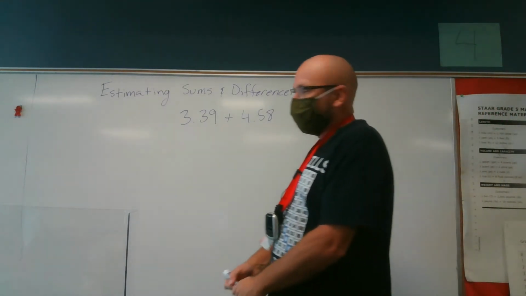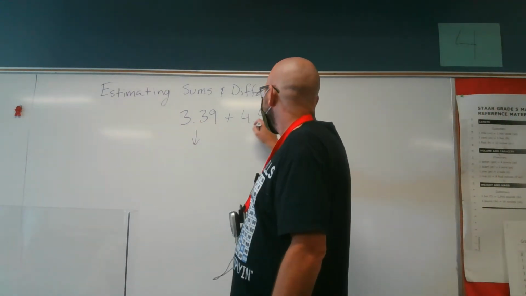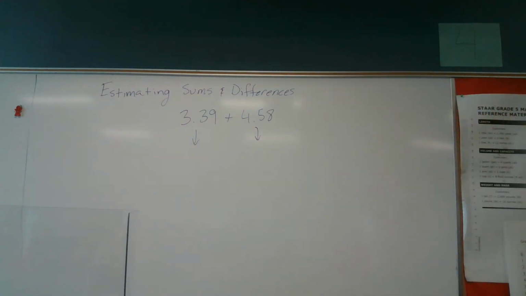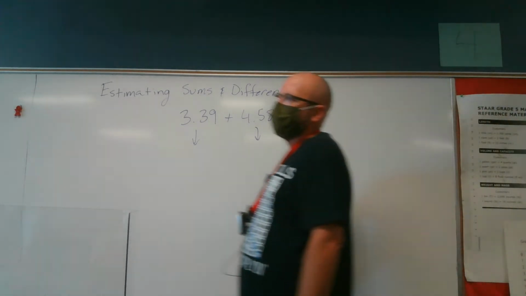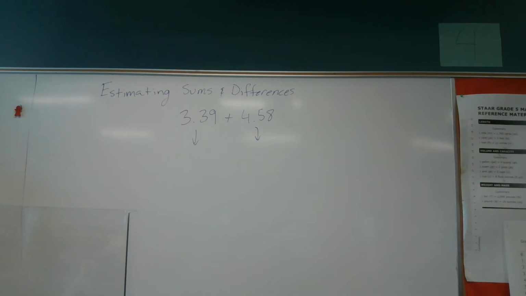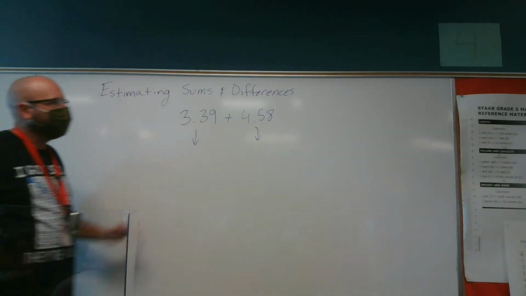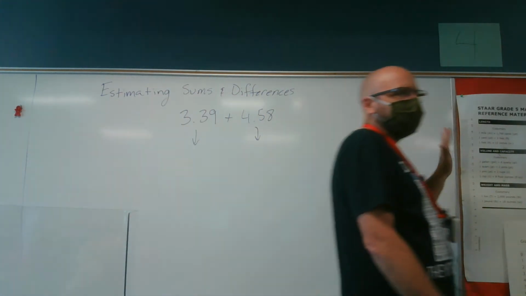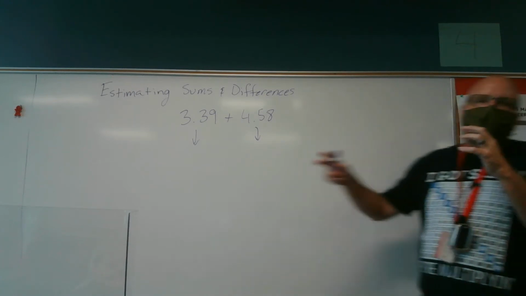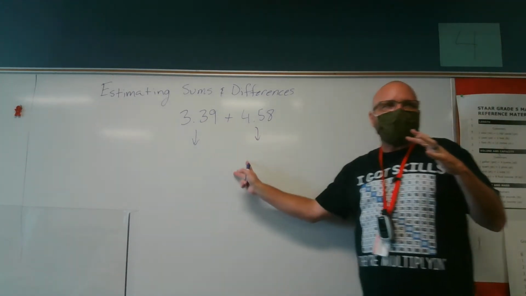So you were shown this exact problem last week on the paper that you got from Miss Lorton after you watched the video. All right, so I want to change these numbers to something close to them so that I can add this together in my head.